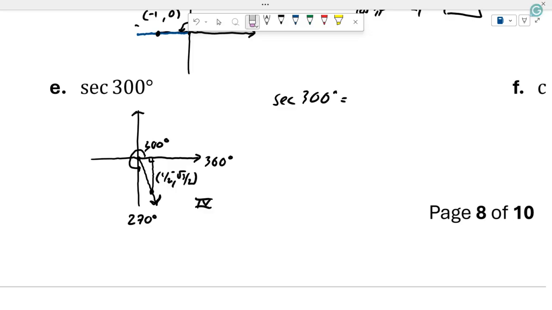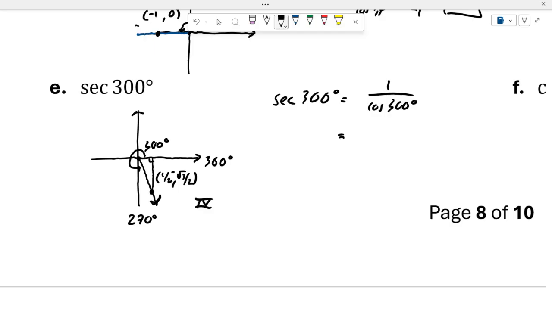In order to evaluate this, you want to connect secant to sine and or cosine. Well, the reciprocal identities tell us that secant is the reciprocal of cosine, right? So the reciprocal of cosine is secant, and the reciprocal of secant is cosine. They have that relationship.